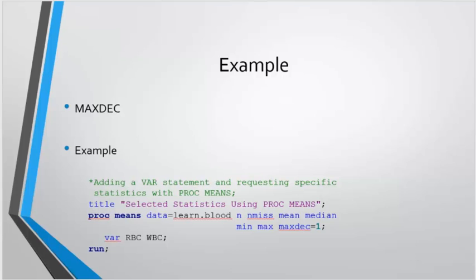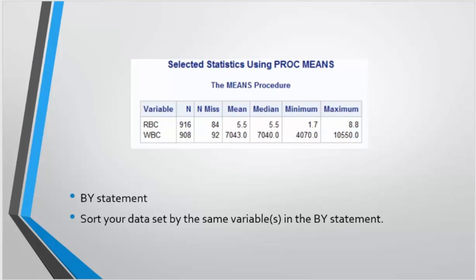Those are the only two numeric variables that I want summary statistics for. And in the PROC statement, you can see I've specified which statistics I want in the output with the number of decimal places.